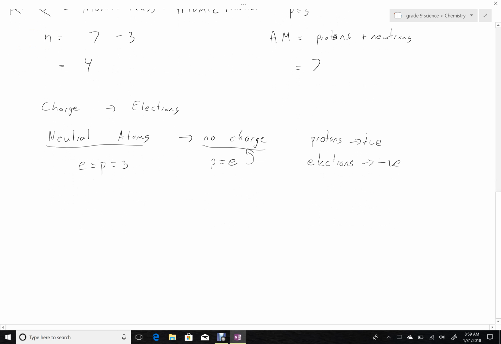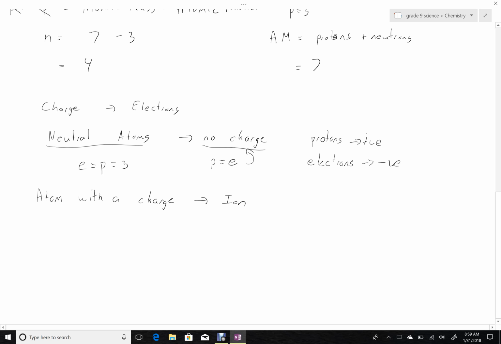If I do have a charge, instead of calling it an atom with a charge, I call it an ion. And with that in hand, it depends on what kind of ion I have.